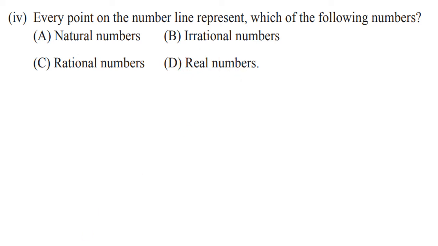Real numbers. So simply natural numbers or rational numbers we will not write. We can represent each and every real number on the number line. Okay. So our correct answer is what? Real numbers. Taking only natural numbers will not help. Natural numbers are also real, irrational are also real, rational are also real. So the correct answer here is real numbers. Next one.